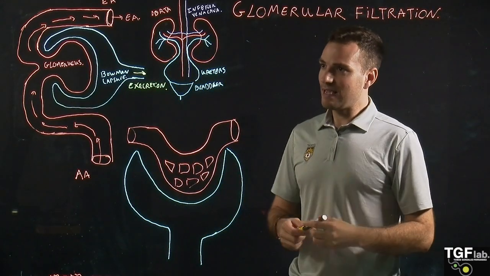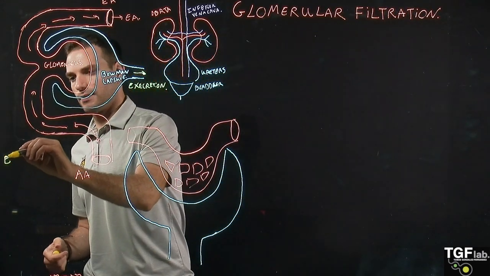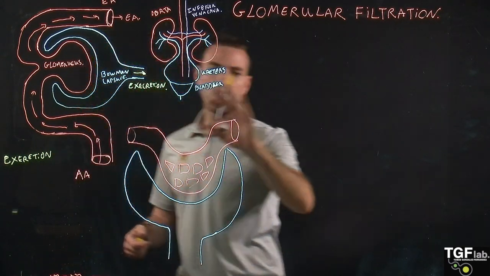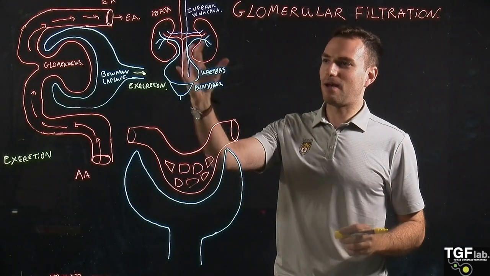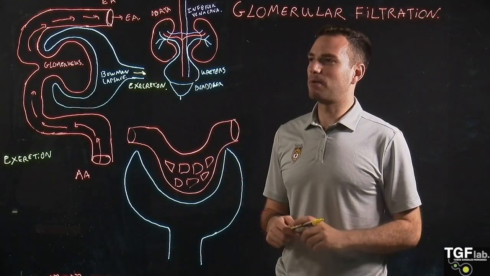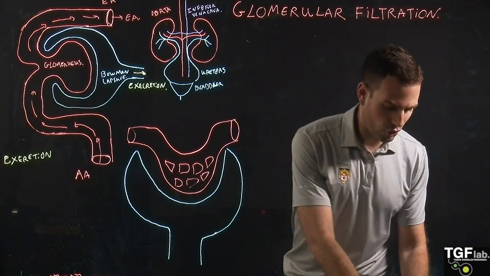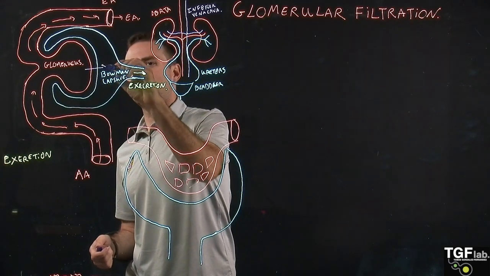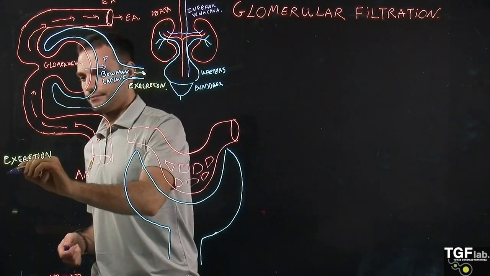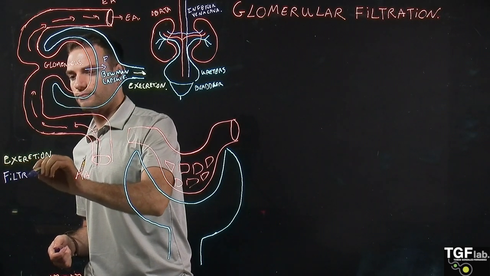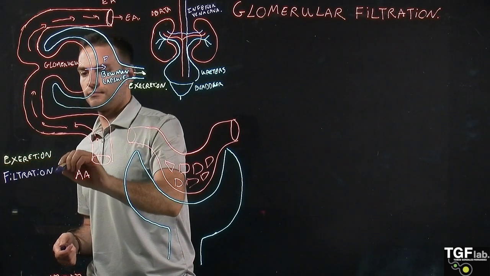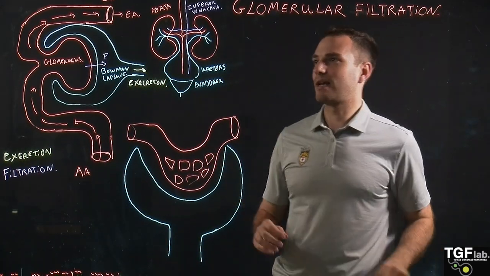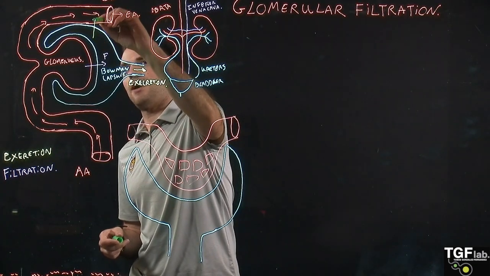And the excretion, which is all the products that we excrete from the blood, is going to be determined by two other processes. The first process is the process of filtration. And there's going to be another process which is going to determine the excretion, which is the process of absorption.